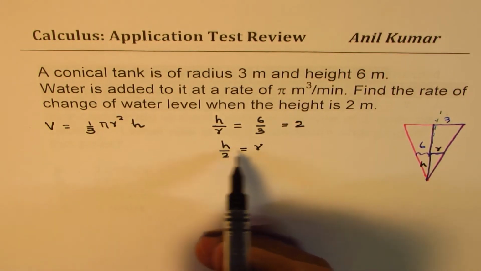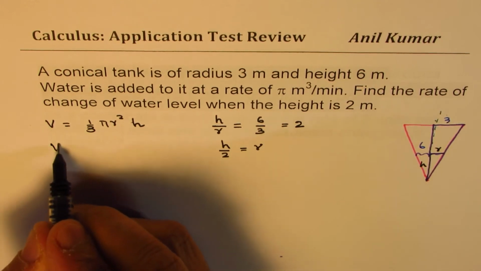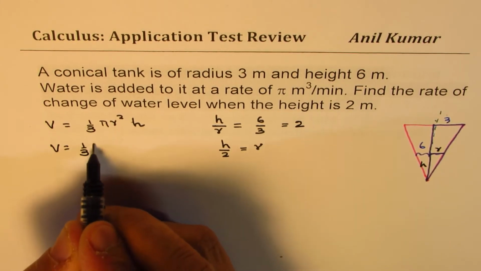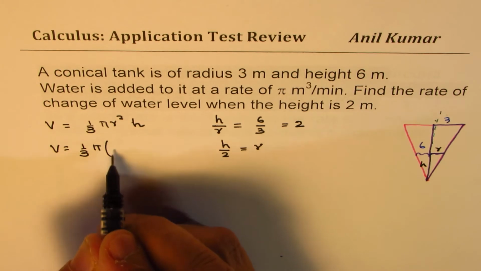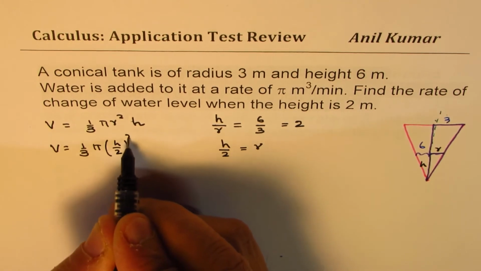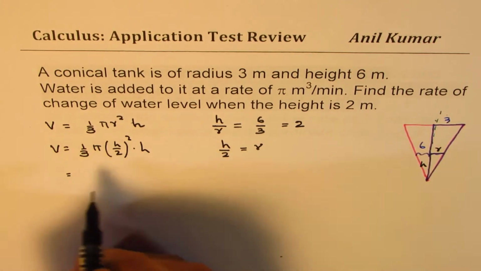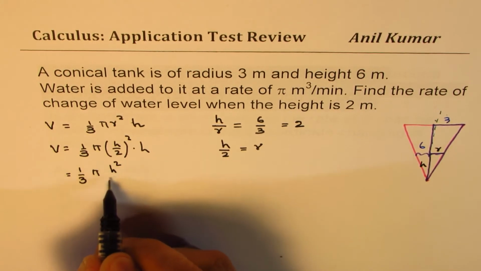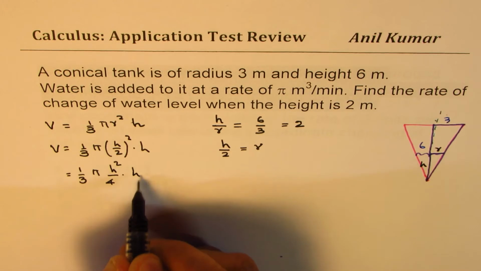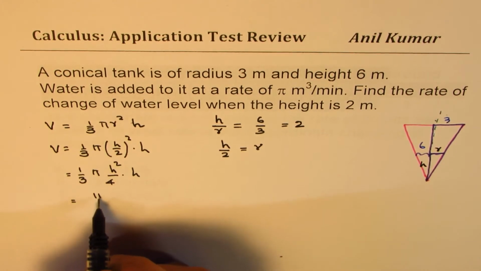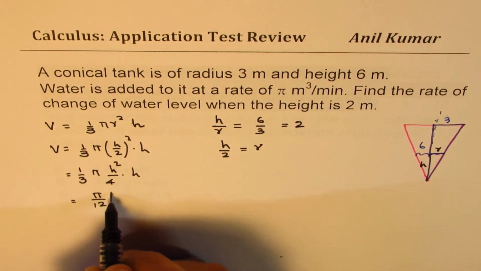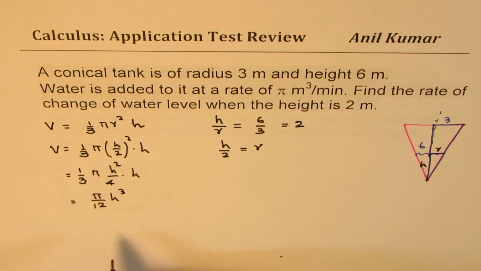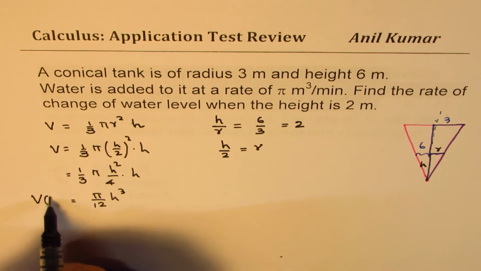Now if I substitute this value here, we get volume equals 1 by 3 pi times height over 2 whole square times h. If I open the bracket, I get 1 by 3 pi h square by 4 times h, or pi by 12 h cube. So now we have volume in terms of height.